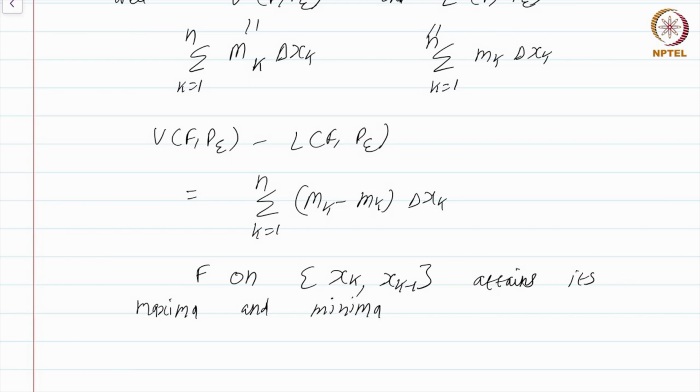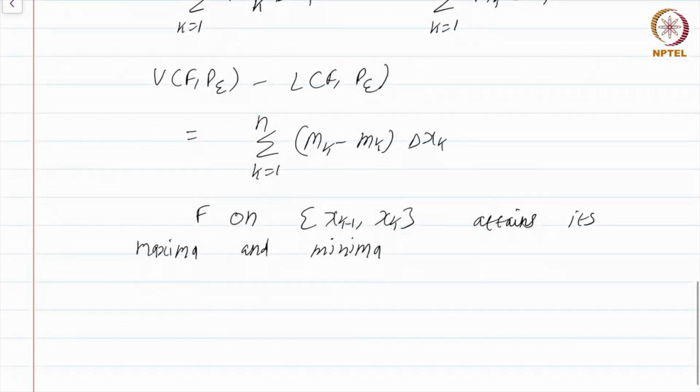That means there are points in this interval such that f of that point is capital Mk, and f of another point in this interval is small mk. We can find points here simply because this function is continuous and this is a compact set, therefore f will attain its maxima and minima.